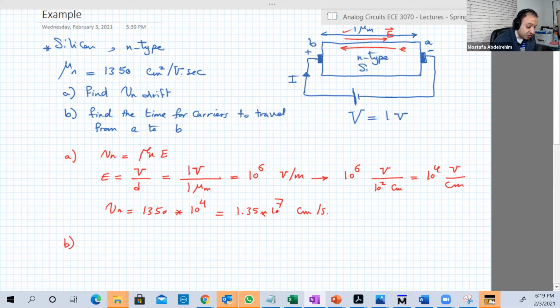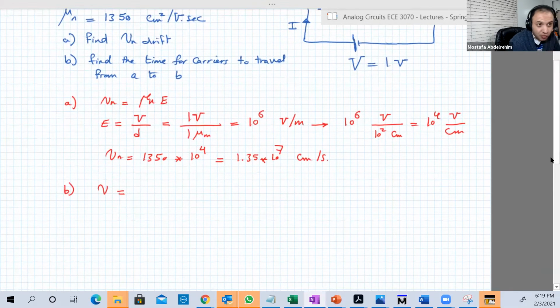Number B, find the time for carriers to travel from A to B. We know that the velocity equals distance over time. This is just a basic definition.